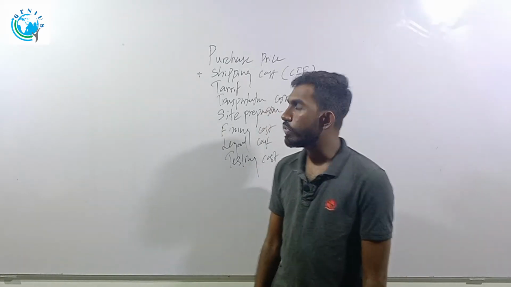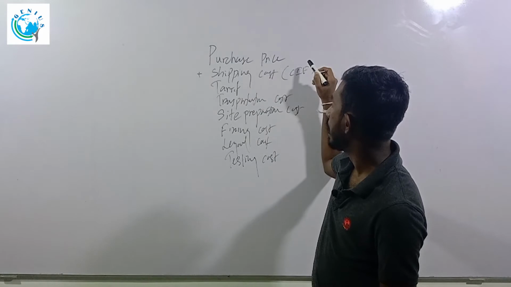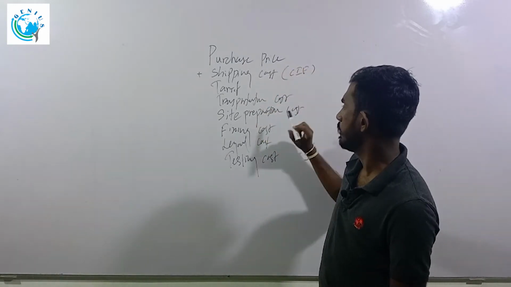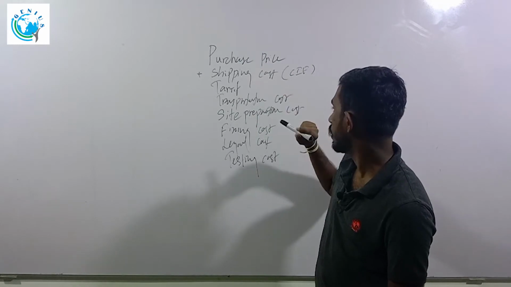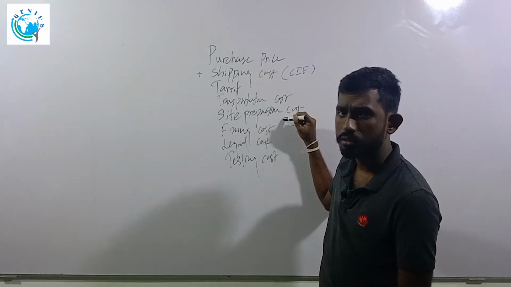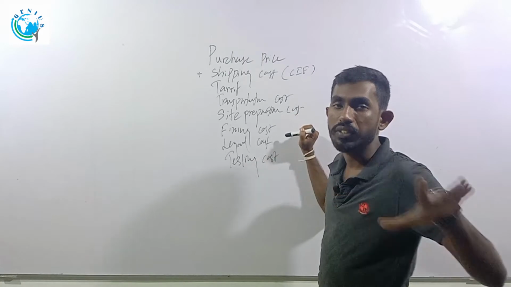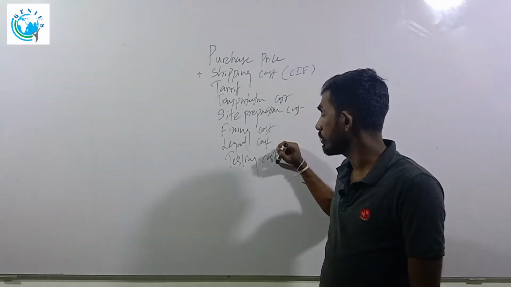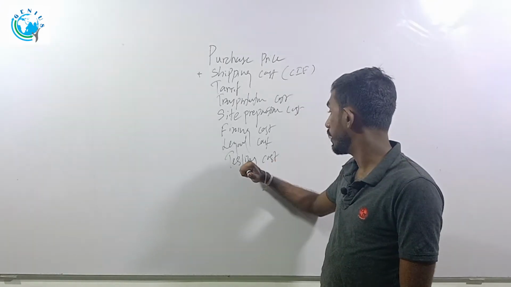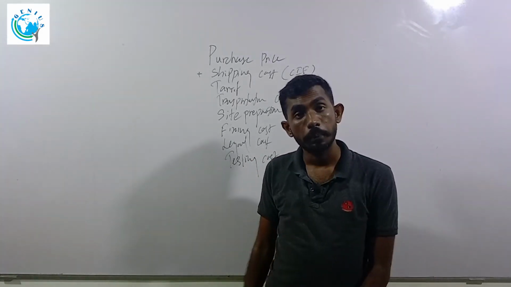For a CT scan machine, they usually have to incur almost all the cost items here, right? Purchase price, shipping cost, tariff, transportation cost, site preparation. Yes, you have to have some specific area, another room for that. Then fixing cost, yes, there may be legal cost and necessarily the testing cost as well.